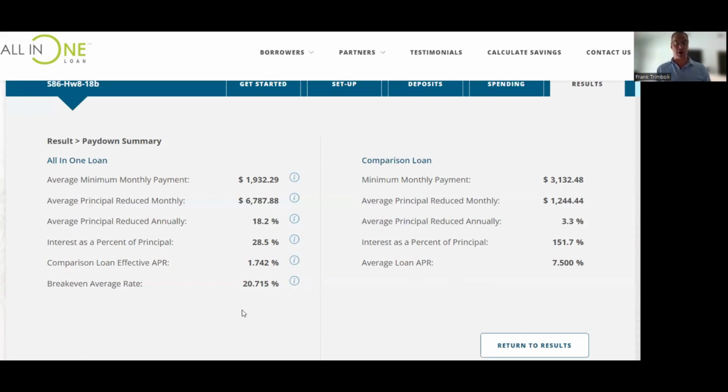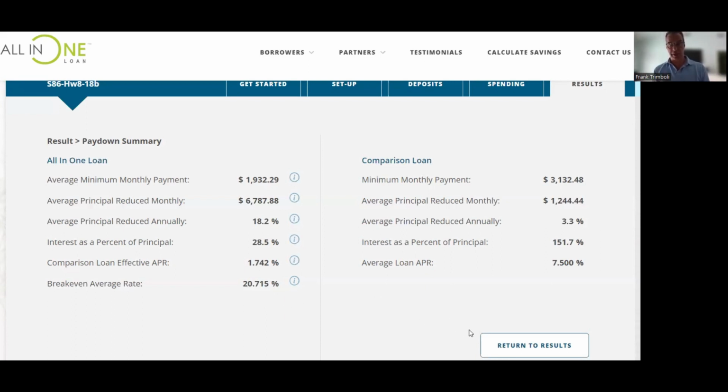Your APR, the interest rate you're paying on this All-in-One, is 1.742%. That is your rate based upon your spending and income habits for the life of the loan, compared to your right-hand side traditional mortgage of 7.5%. Your traditional mortgage rate would have to be almost 21% to equal that comparison.